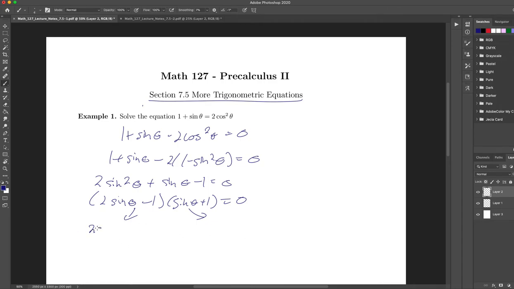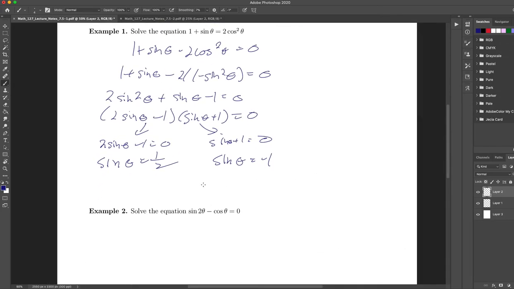Alright, so here we have 2 sine of theta minus 1 is equal to 0, and sine of theta plus 1 is equal to 0. So here we'll have sine of theta equals 1/2, and sine of theta equals minus 1.